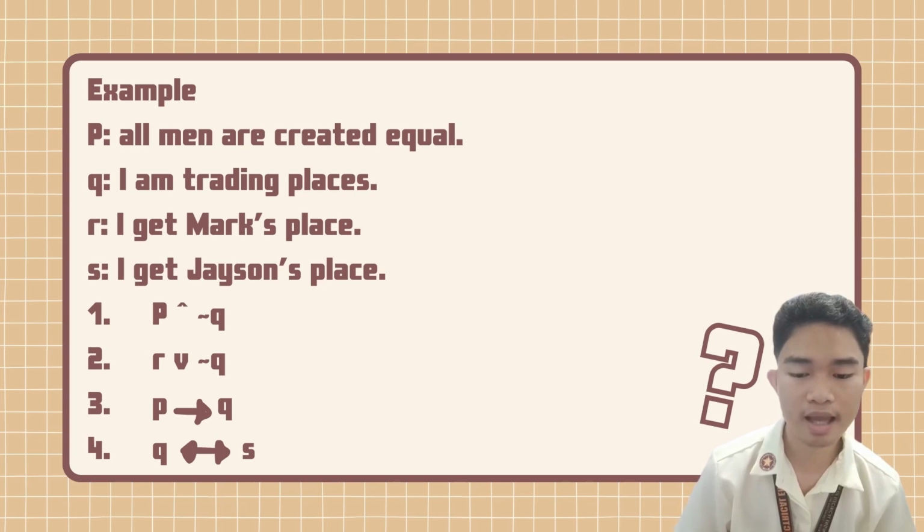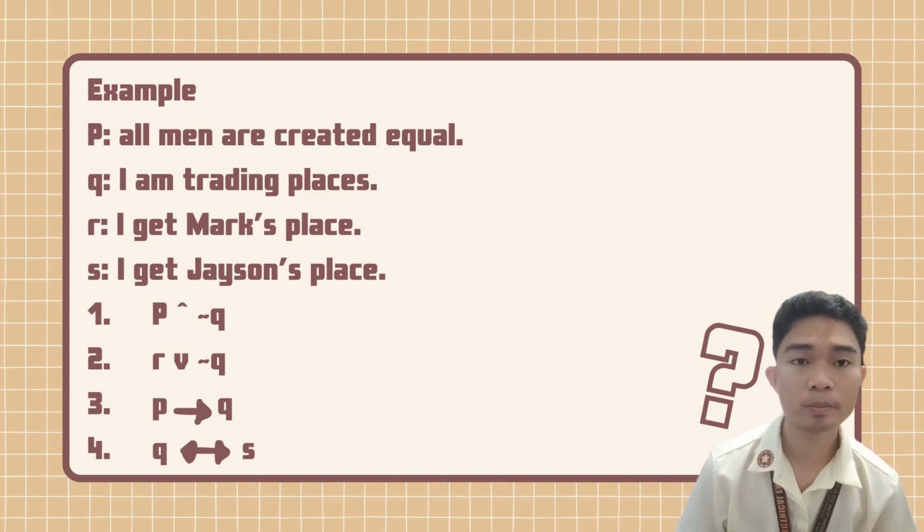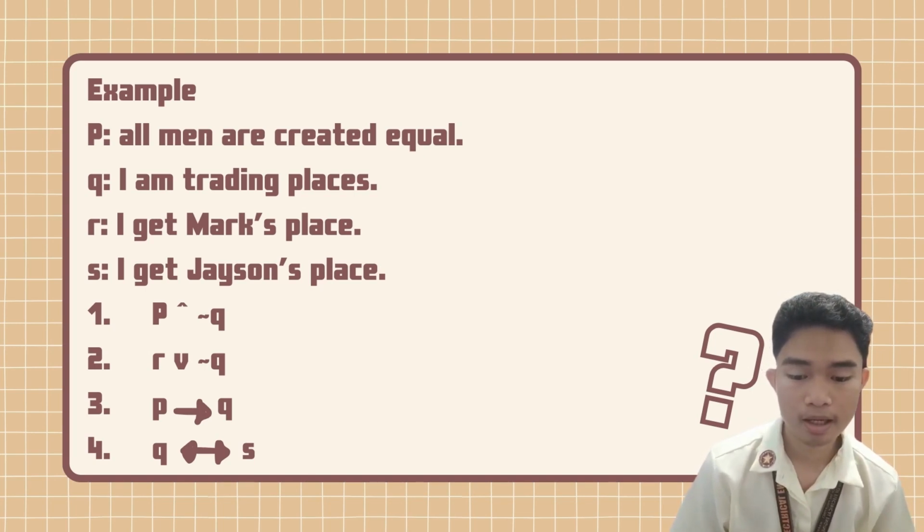So we can read it as all men are created equal and I am not trading places. So next is R or not Q. So we can read it as I get Mark's place or I am not trading places.